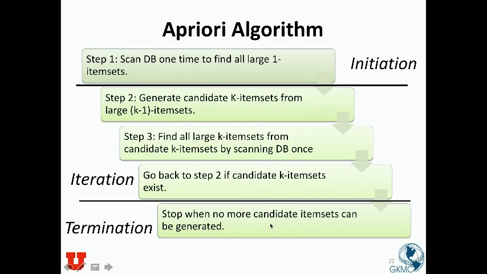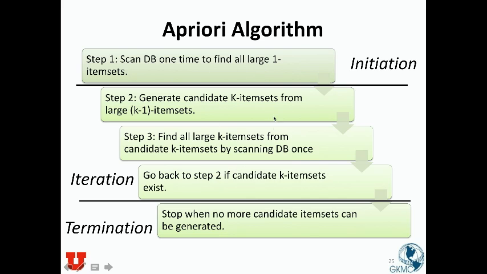Okay, so the steps of the apriori algorithm consist of the following: initialization first. Input the database, go through all the transactions once and find all the large 1 item sets, meaning single item sets.